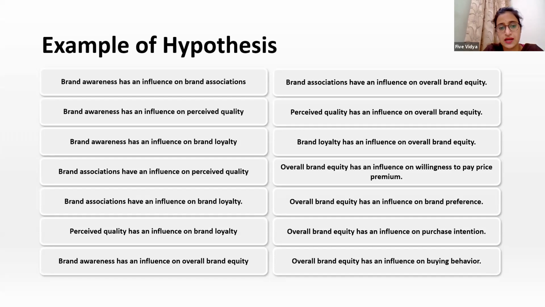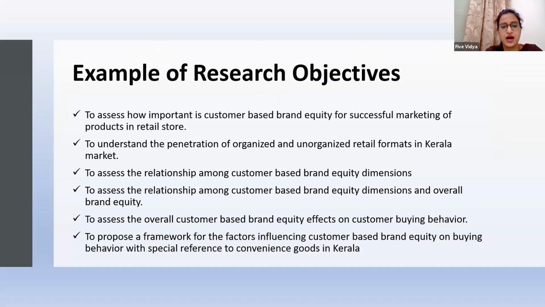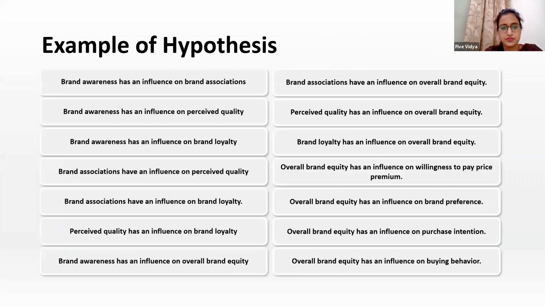We have shown a relationship among all the variables because this was one of our objectives. So you can see brand awareness has an influence on brand loyalty, then brand association with perceived quality with brand loyalty, and then the perceived quality with brand loyalty. So likewise, all the variables you can see, we have established a relationship between them.